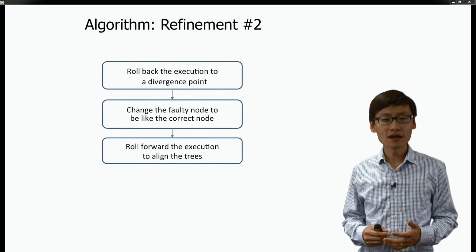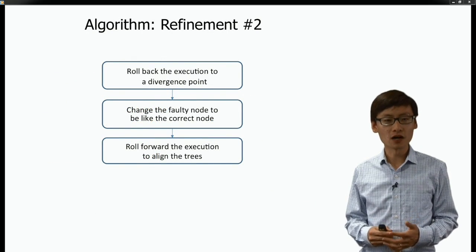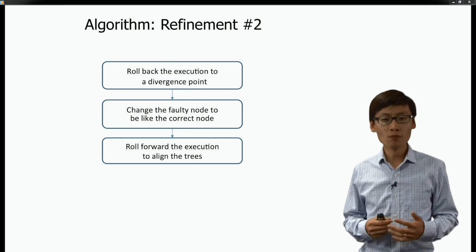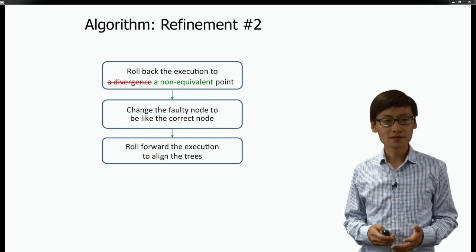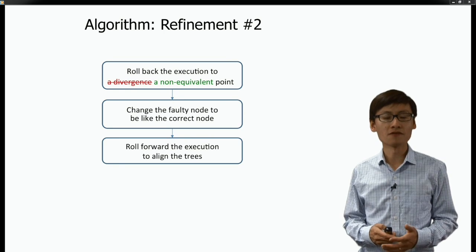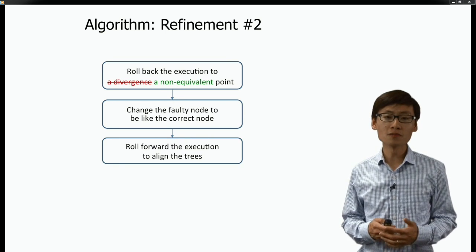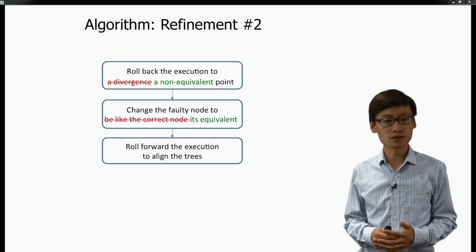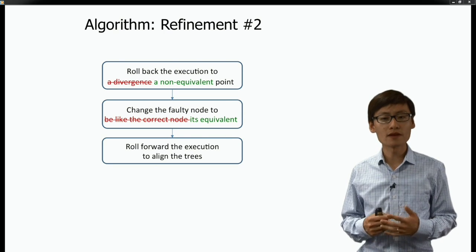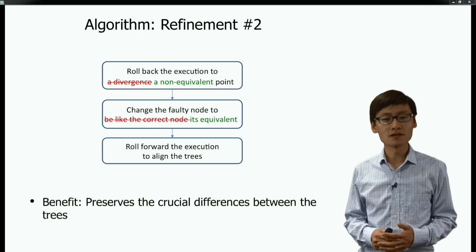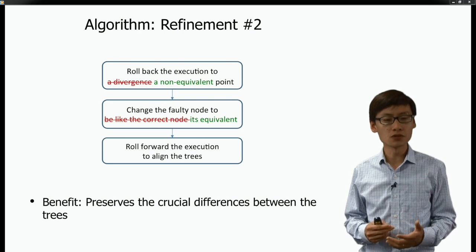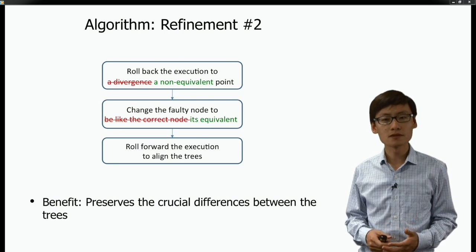Therefore, we arrive at the second refinement of our algorithm. We roll back the execution to a non-equivalent point. We then make a change to the faulty node so that it becomes equivalent to the correct version. We then roll forward the execution to align the trees. The benefit of this is that this can preserve the crucial differences between the trees.